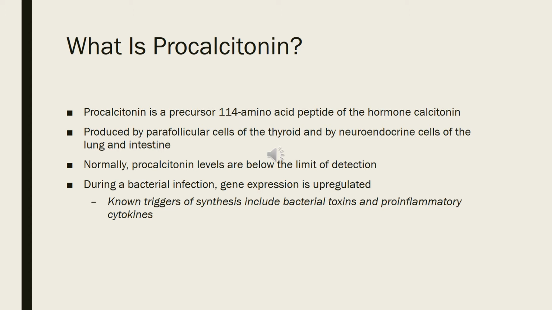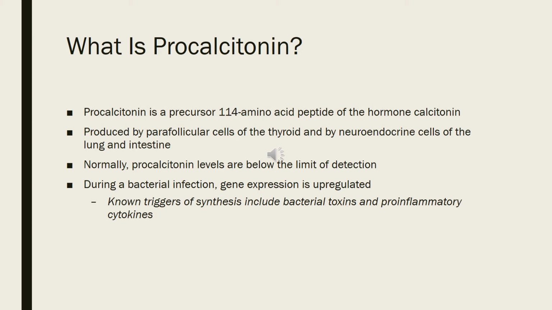Procalcitonin is actually produced by parafollicular cells of the thyroid and by neuroendocrine cells of the lung and intestine. Usually it is found in other cells, but it's really suppressed and below the level of detection in other cells.